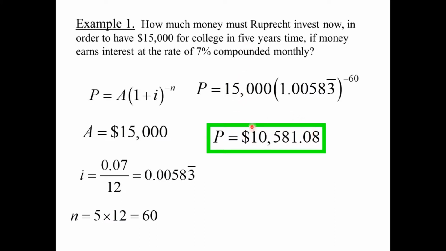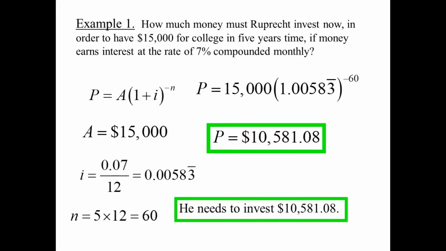This is the present value of $15,000. Notice how it's less. He needs to invest $10,581 now.